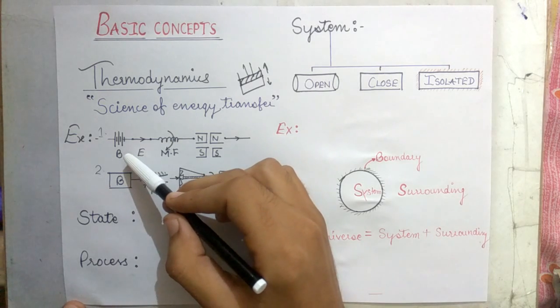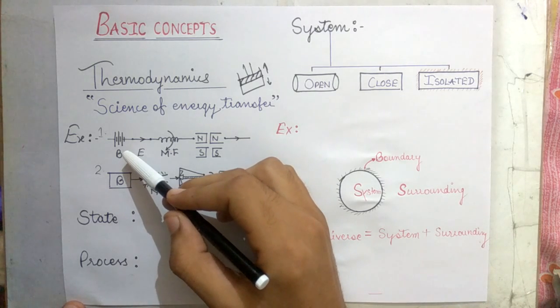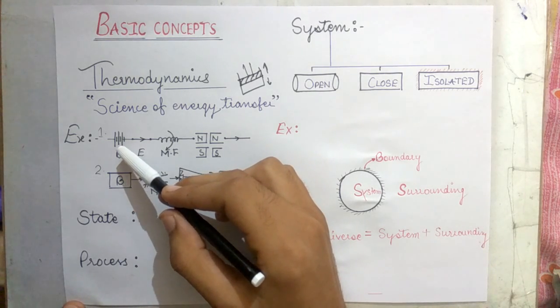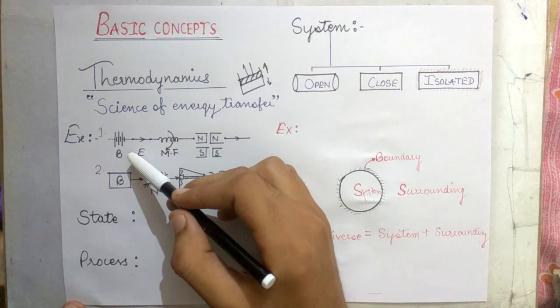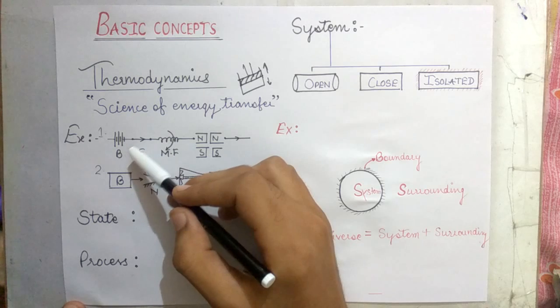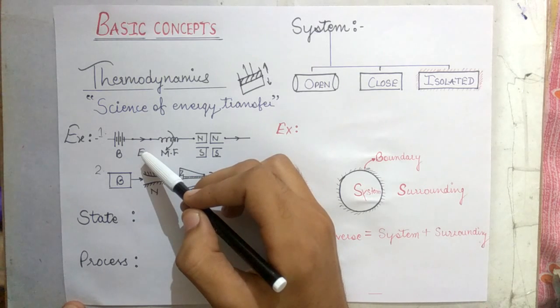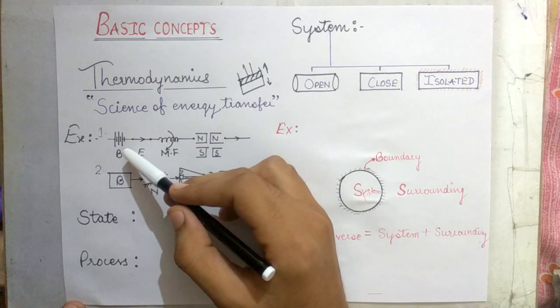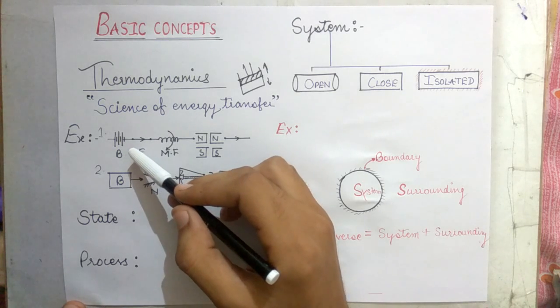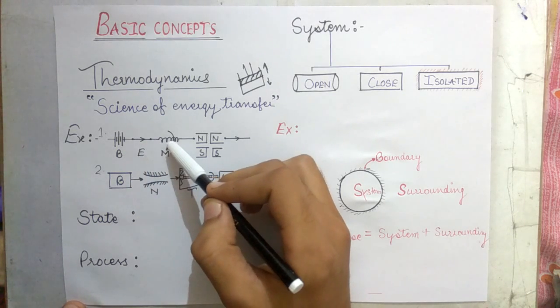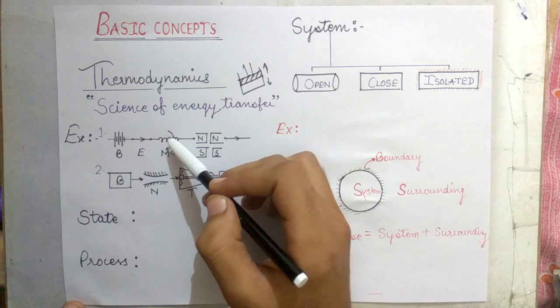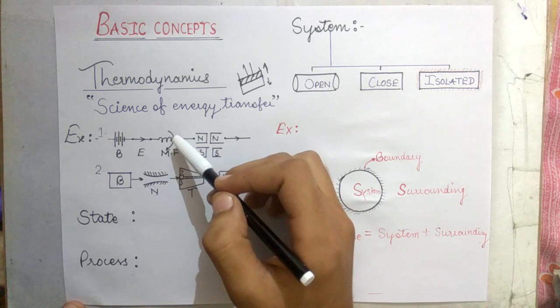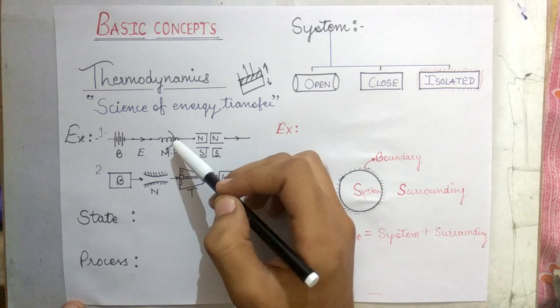Suppose I have a battery in which chemical processes are occurring. Due to that chemical effect, we get electrical energy in a wire. So we are getting electrical energy from chemical energy. And if that electrical energy goes through the wire, a magnetic field is produced around it.